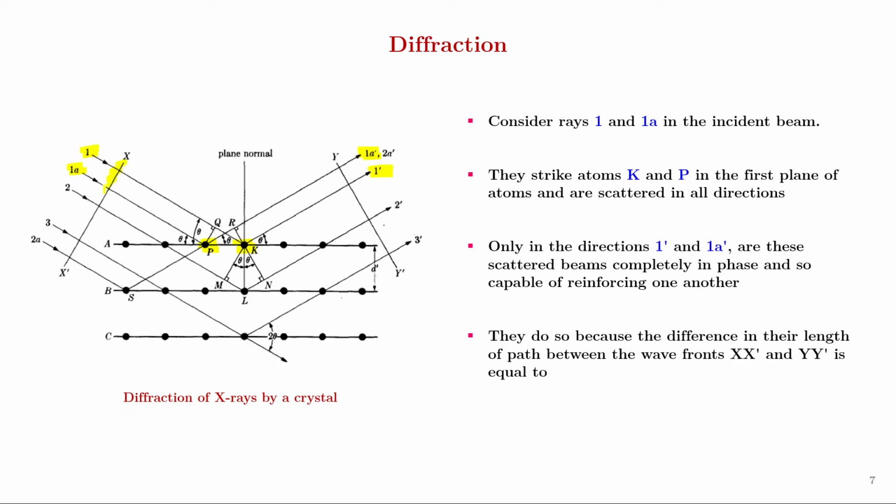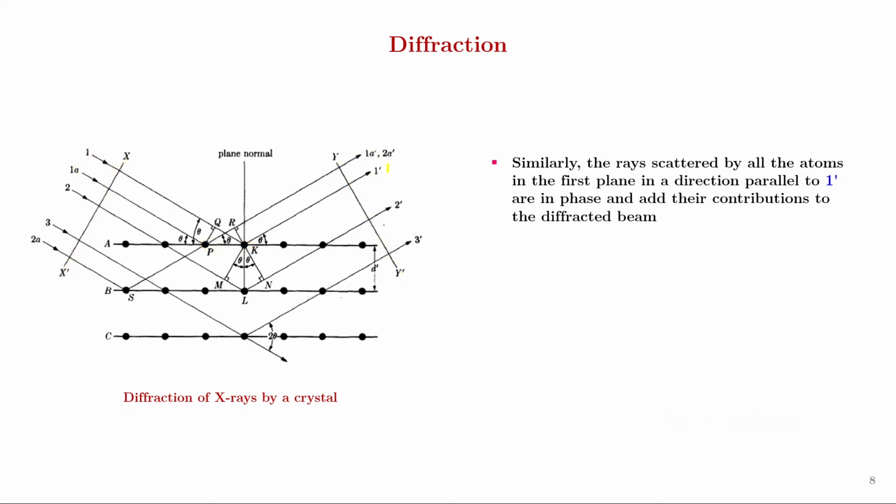They do so because the difference in their length of path between the wavefronts x and y is equal to QK minus PR, equal to PK cos theta minus PK cos theta, which is equal to 0.